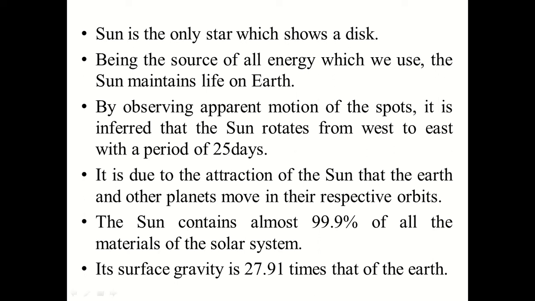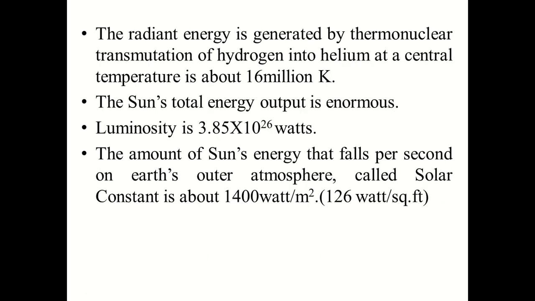You know that any object on the surface of the earth will experience a gravity of g equal to 9.8 meter per second squared, but on the surface of the sun it will be 27.91 times the gravity of earth.